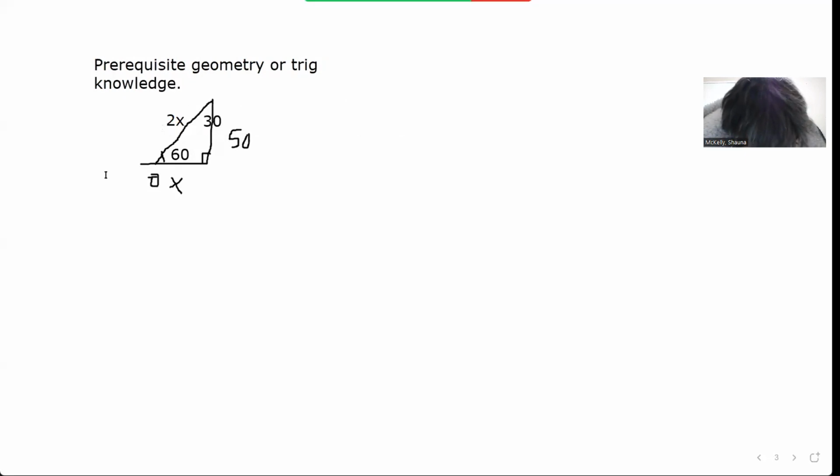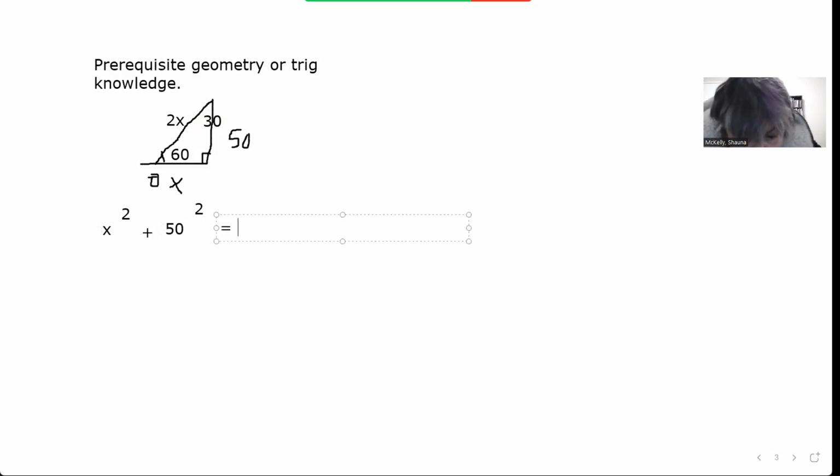Now from here, I can solve for the x, and I need to do that. So I'm going to write my equation: x squared plus 50 squared. Now be careful here. You're squaring the entire 2x.